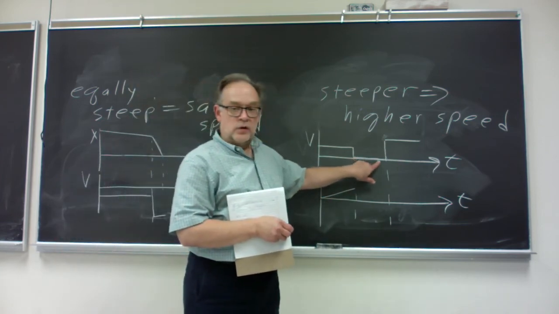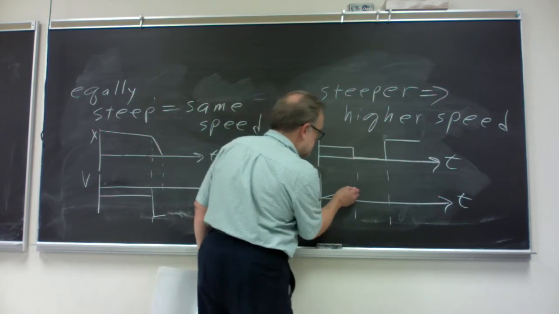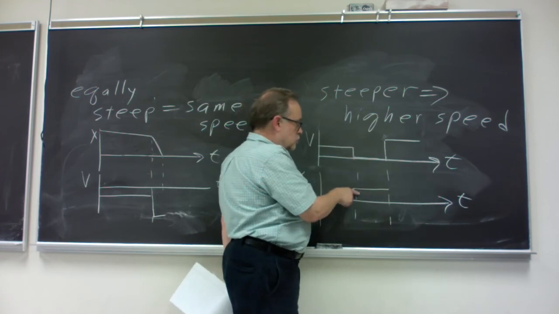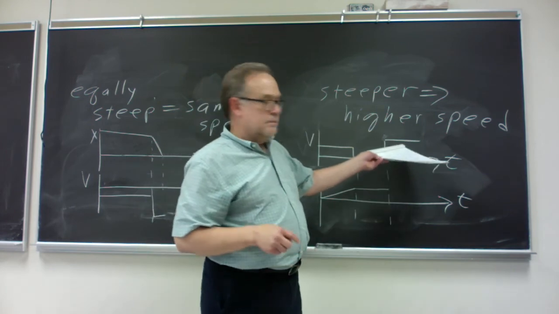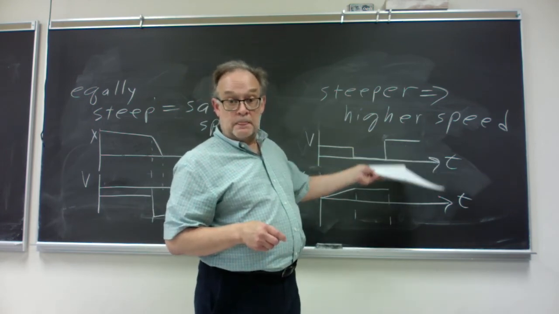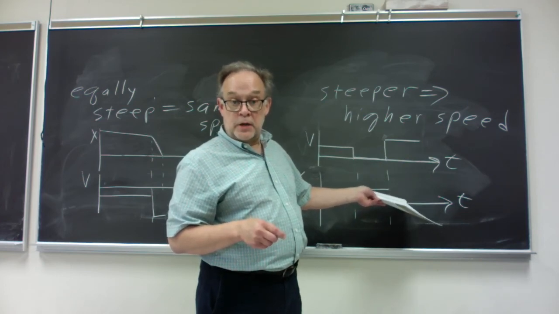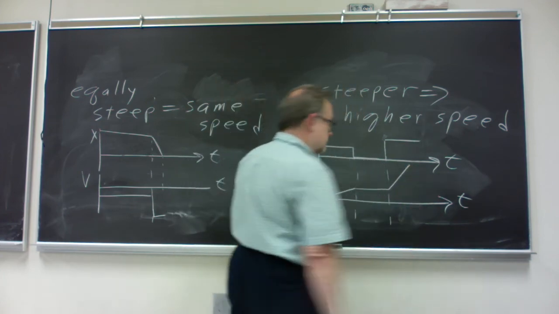Here you have zero velocity, which shows up as zero slope. You're not moving at all, so you stay at the same location during this whole time interval. And now, a positive constant velocity bigger than before, which means a positive constant slope bigger than before. Like that.